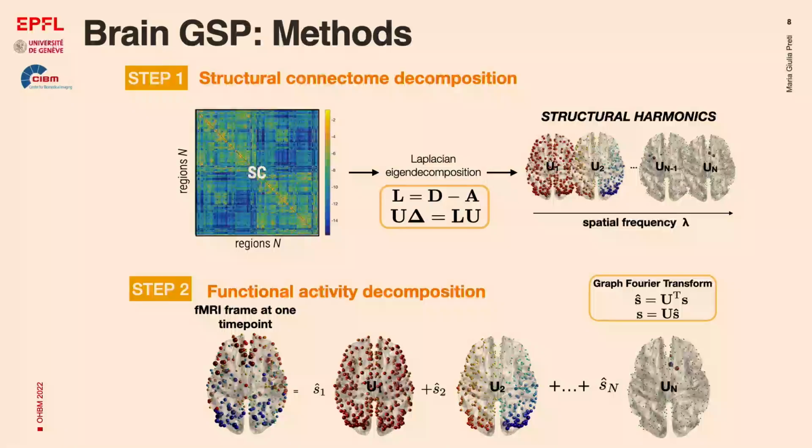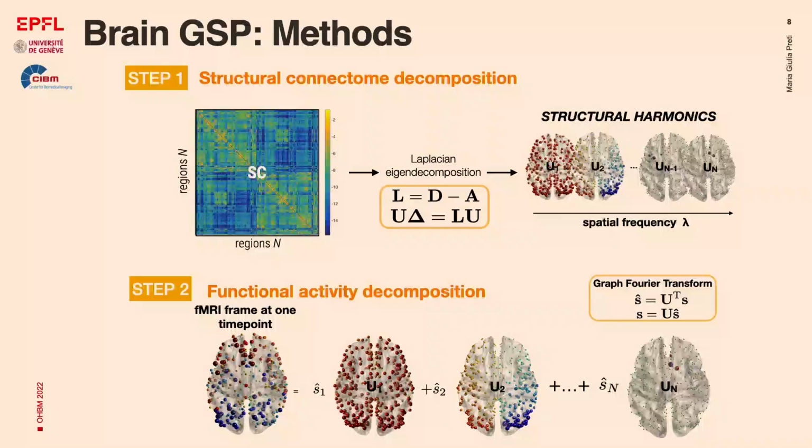By estimating the coefficients of the linear combination that you see here, we explore what is the contribution of each structural pattern at each time point in the functional activity pattern.